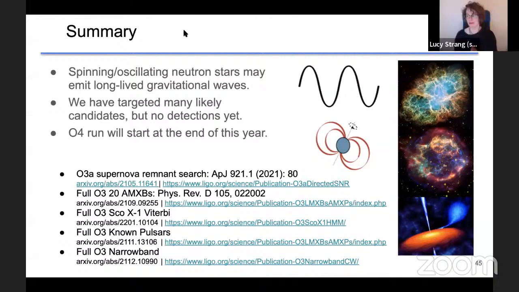Great. I would love to be able to say yes, but the strongest I can say is maybe. When we looked a little bit earlier in the slides, we saw some plots about what parameters we could have for the ellipticity or the amplitudes, which tell us how loud we expect the gravitational wave signal to be. We're getting below the maximum theoretical limits on that, which says we could theoretically detect them in O4.